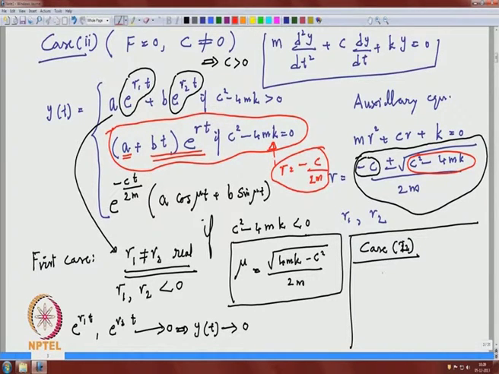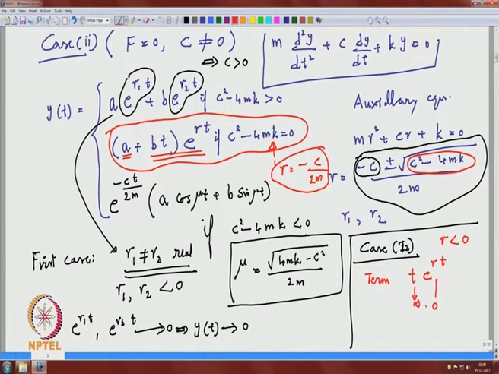The second term has e power rt, where R is negative, there is no problem, because R is nothing but minus c by 2m. But here is a term which goes to infinity, and here is a term which goes to 0.